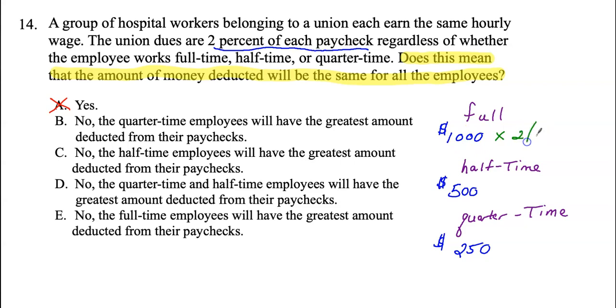So I'll go 2% here. I'm taking the salary that I made up, right? These numbers are just made up, times 2%. This person also has 2% taken out. And this person also has 2% taken out. These are taken out for their union dues. Well, remember, we can rewrite this piece here, because I'm going to do this on the calculator, as 1,000 times 2 out of 100, right?